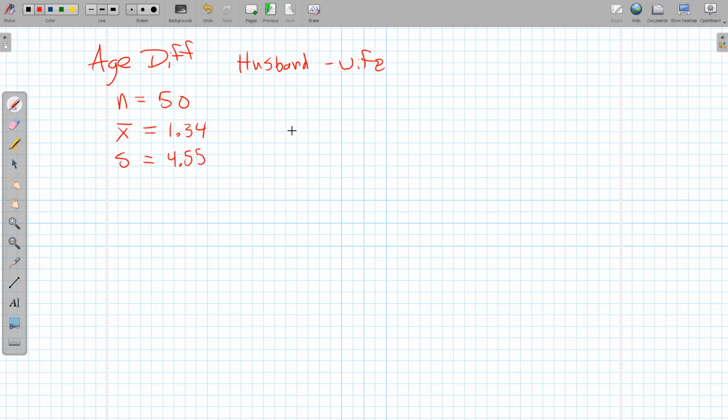And then from that, we use the idea of taking our sample statistic plus or minus our margin of error, which in this case is a t-score times the standard error. So that would be our 1.34 plus or minus the magic t-score we got, which was about 2.010, and that was based on a confidence level of 95%.